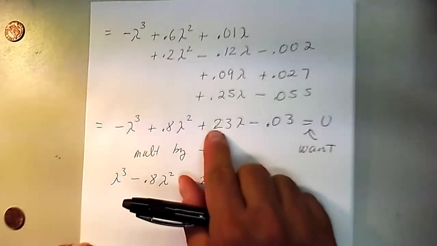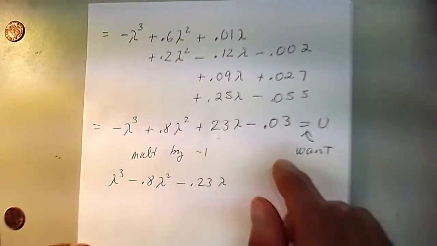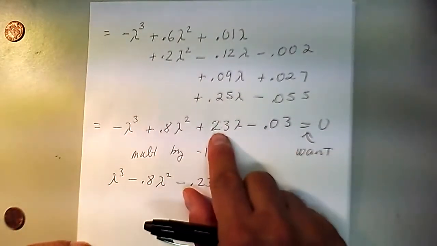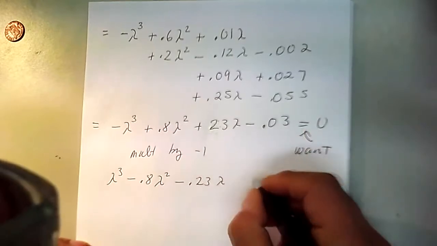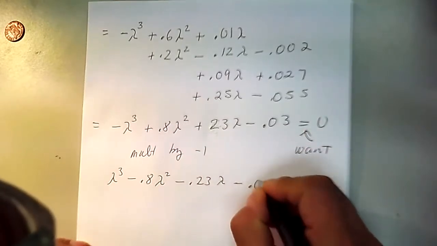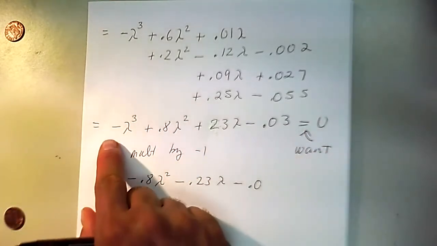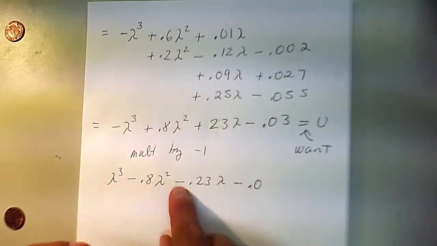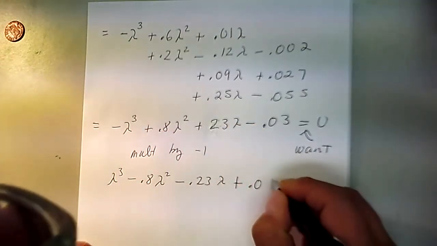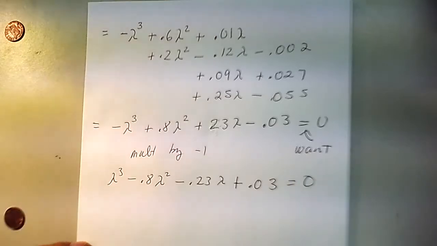I had made a mistake there when I was adding this. When I was pausing the video to do the computations, I realized I had made a mistake, so I fixed it. I'm changing signs, so plus 0.03 equal to 0.